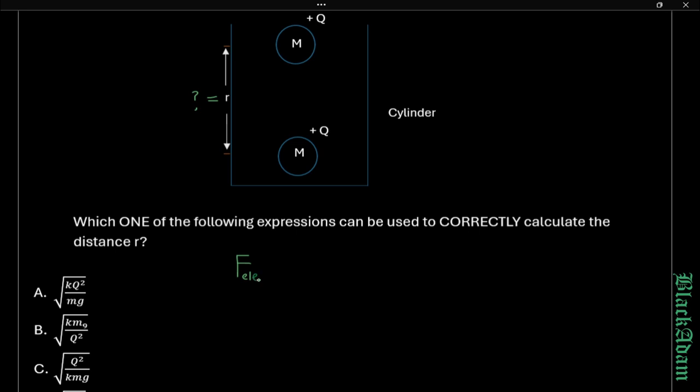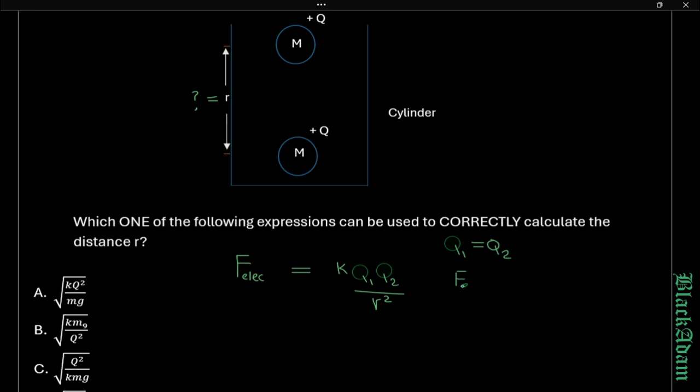We have electrostatic force is equal to the constant k, and then q1 q2 all over the distance squared. And then we know that q1 is equal to q2.